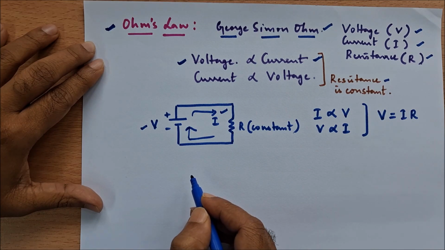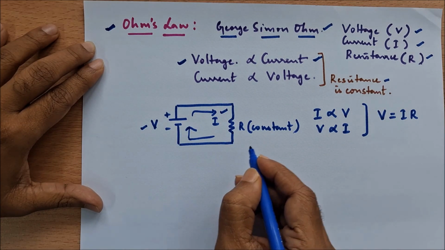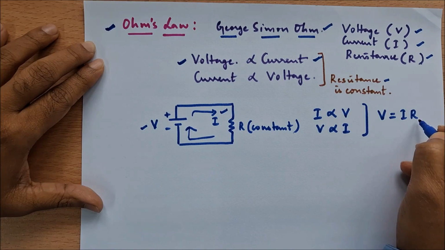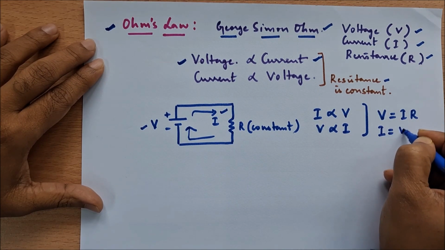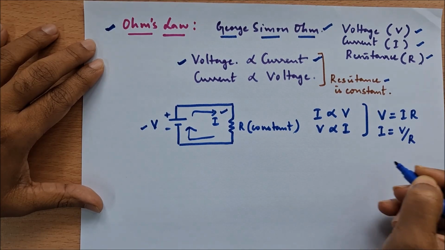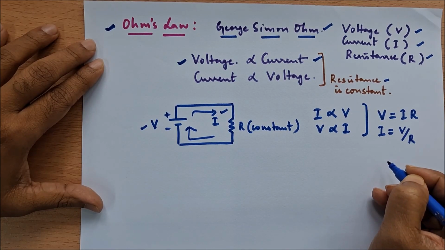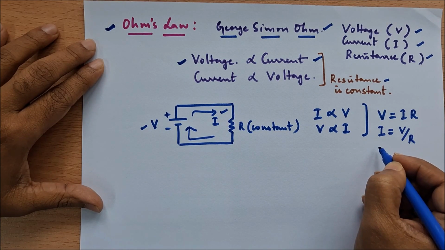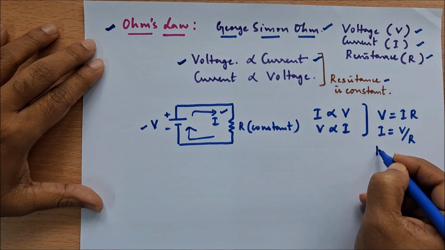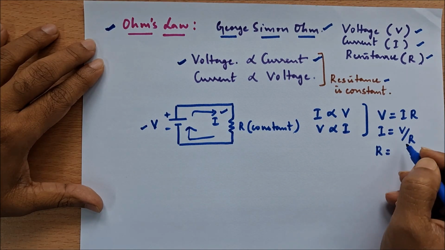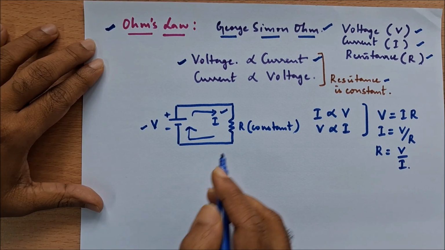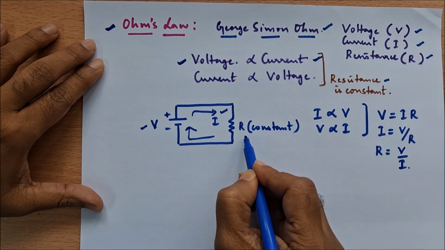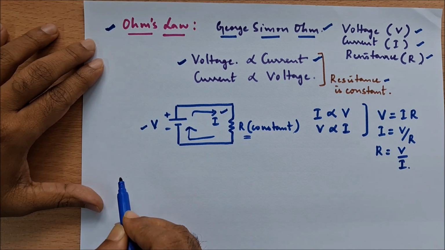So we can always say that V is equal to IR, or the current I is equal to V upon R, or if we want the resistance R, then it is always V upon I.